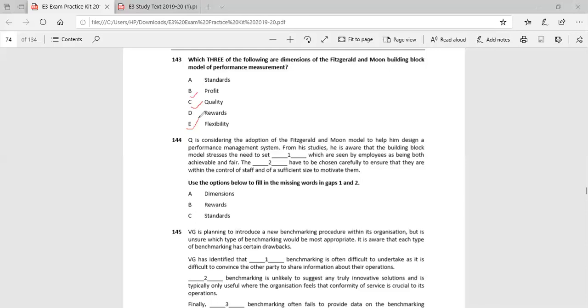One is C, standards, yes. And then two, what about two? The dash have to be chosen carefully to ensure that they are within the control of the staff. One is standards, two is rewards. Yes.